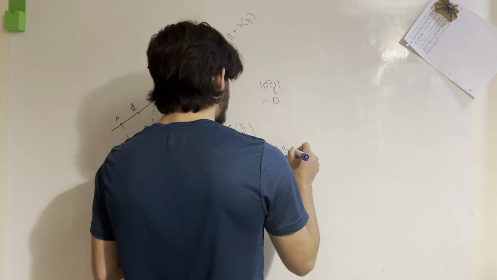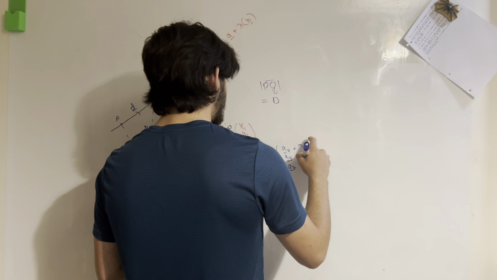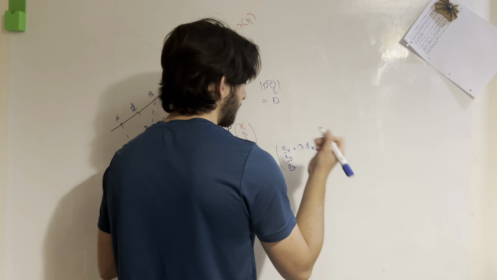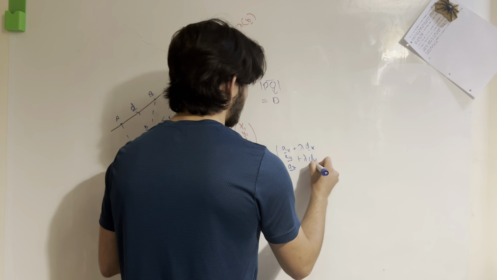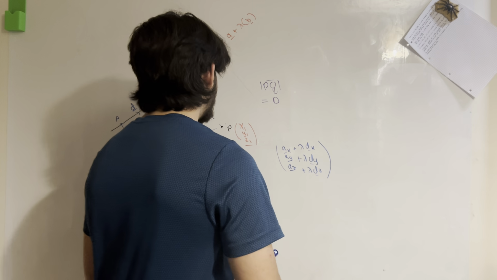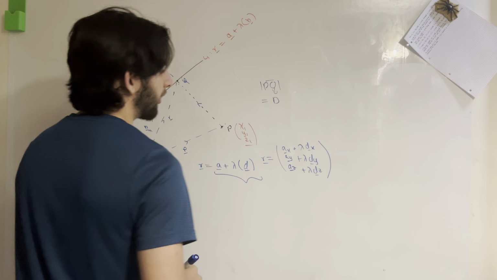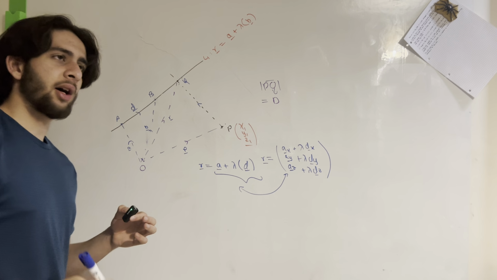So, in essence, what's happening over here is just this: lambda times the x component of the direction vector, the y component of the direction vector, and the z component of the direction vector. And this is your position vector still. This idea and this idea over here are the same.